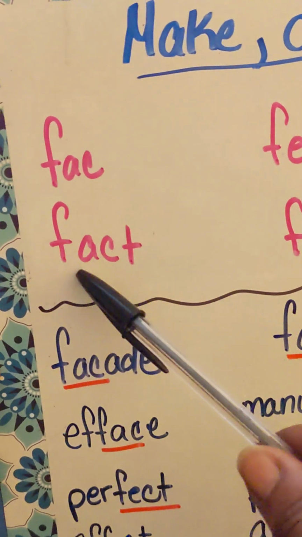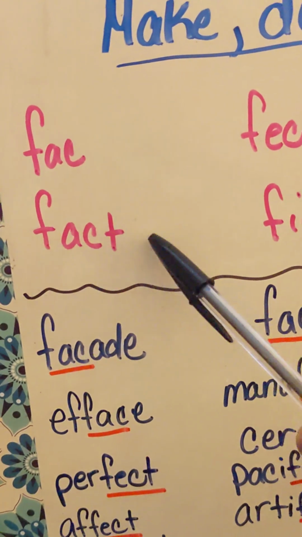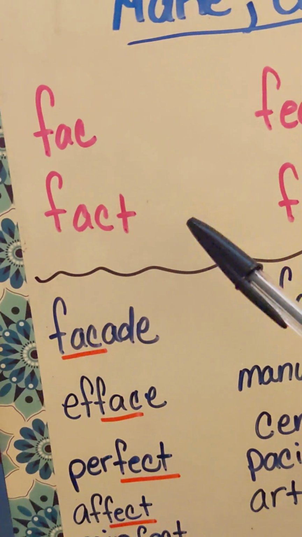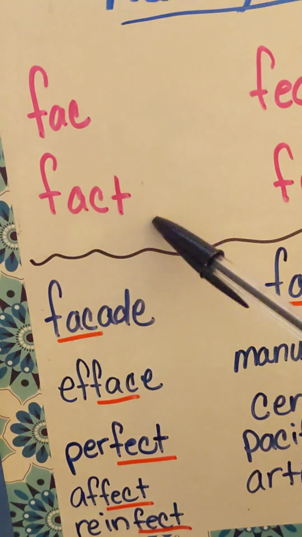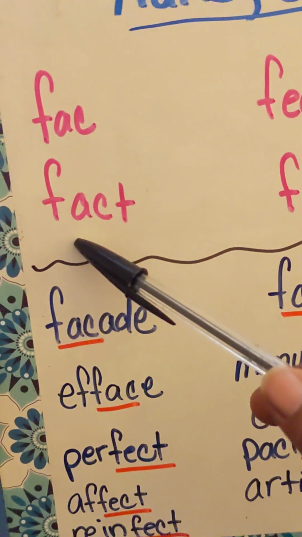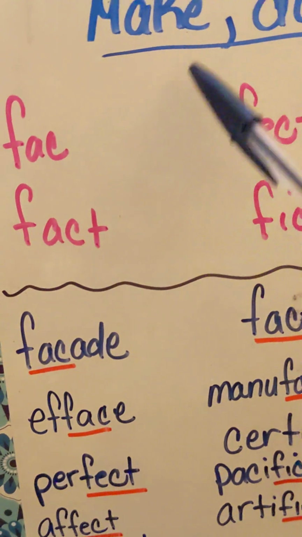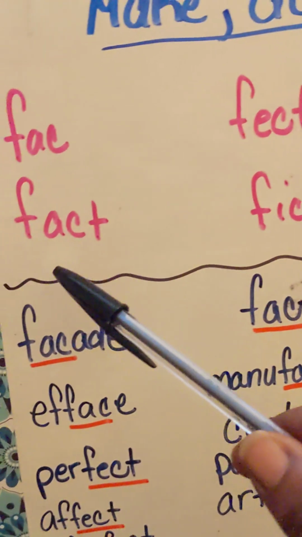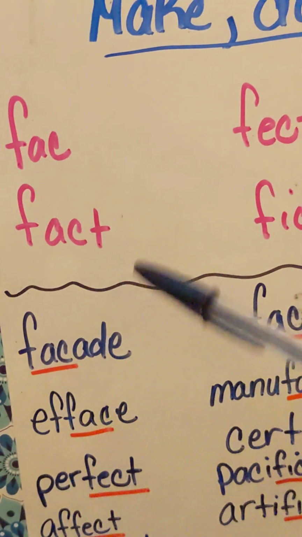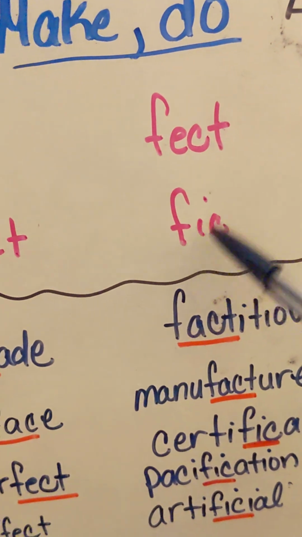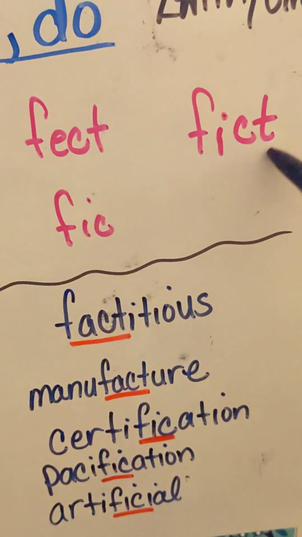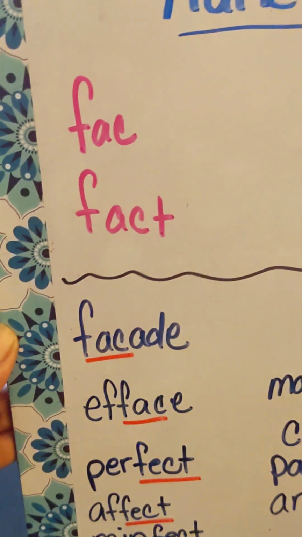Now, our English use of this word fact means something that is true, okay? That is our English use of fact. But as a root word from Greek and Latin, it means make or do. And you'll find them in some of these words down here I'm going to show you. Fect, fic, and fict. Got it?